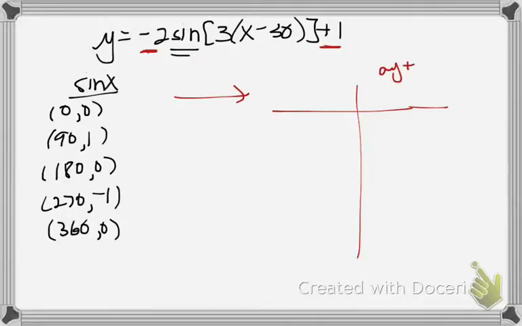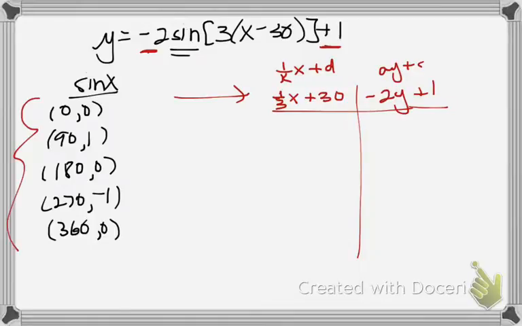This goes into the ay plus c section of our transformations. So a times y plus c. And we're going to do the reciprocal of k and the opposite sign of d. So I'm going to get 1/3 times x plus 30. We're going to take a second to calculate each of these values from our parent function values.